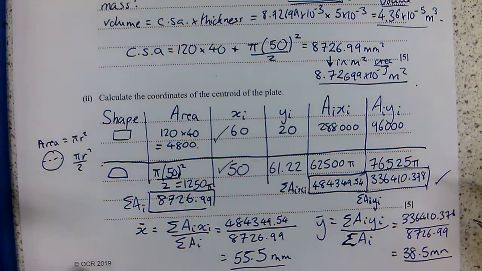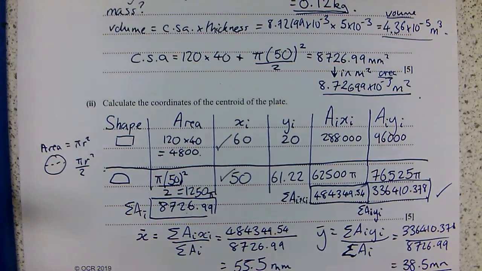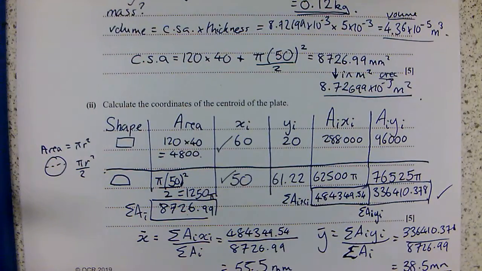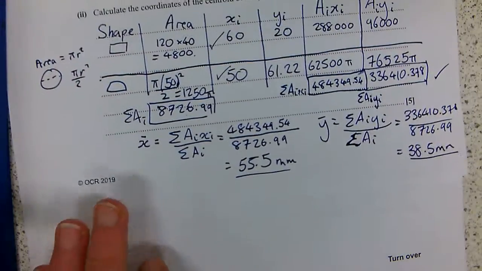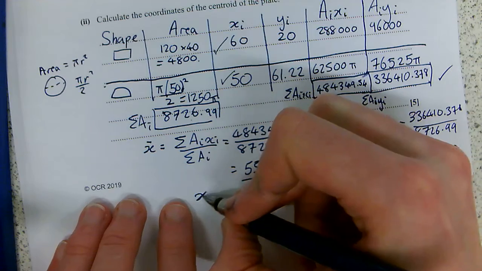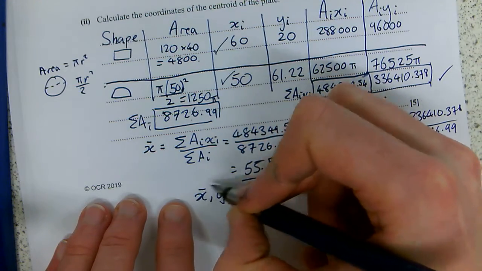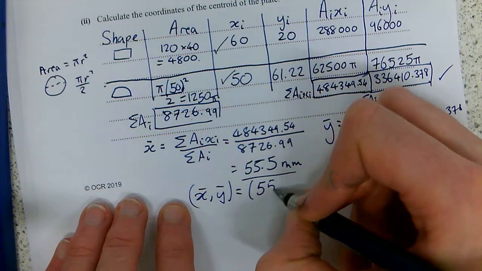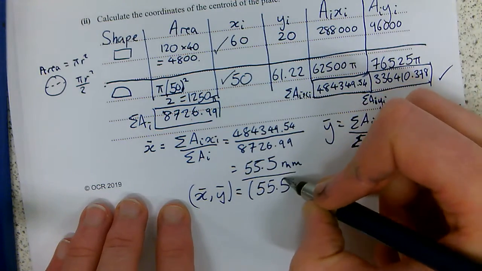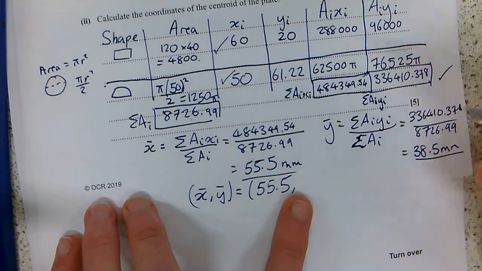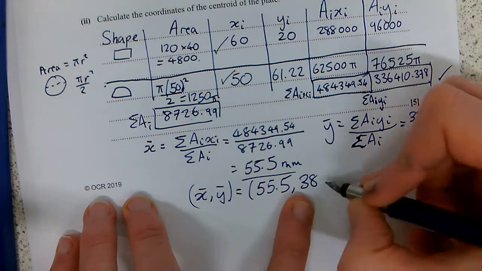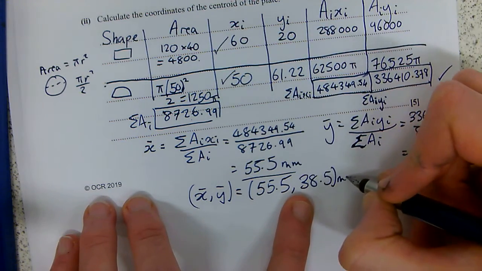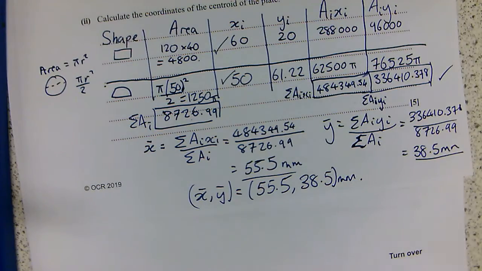We could leave it here, or we could write our centroid coordinate as a coordinate, which we would do by x bar, y bar equal to x coordinate comes first, y coordinate comes next. And that's our 5 marks available.